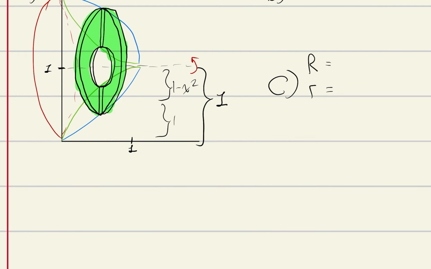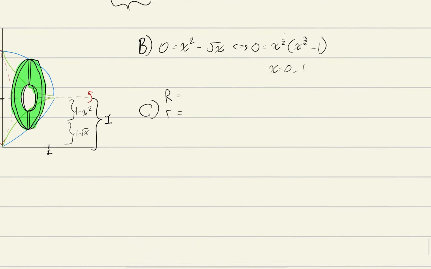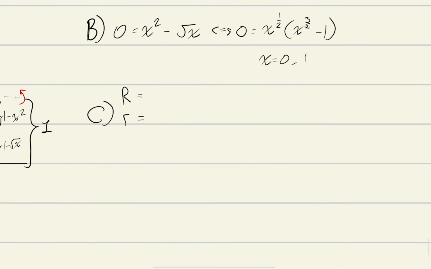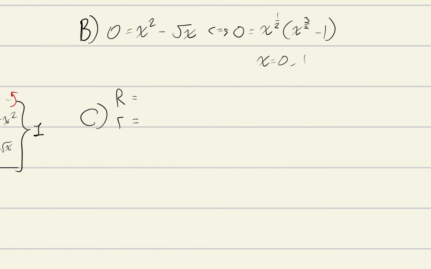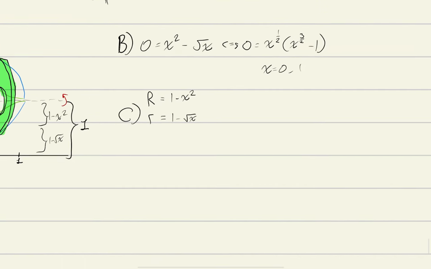And the rest would be 1 minus square root of x. So, big R would be 1 minus x squared, and little r would be 1 minus square root of x.